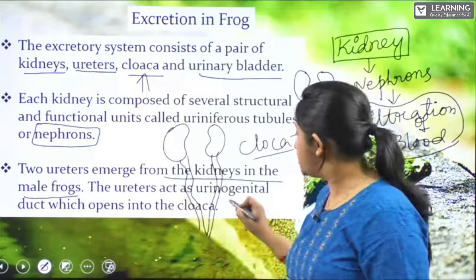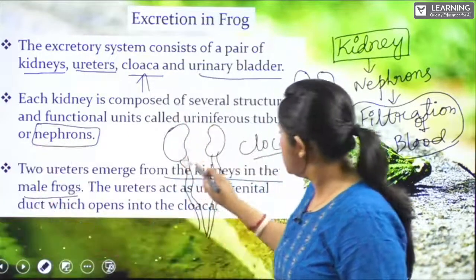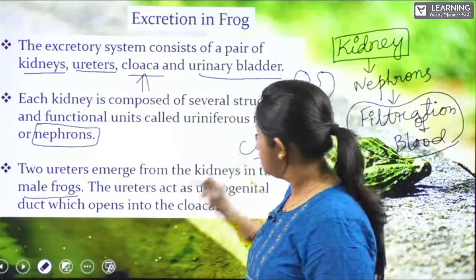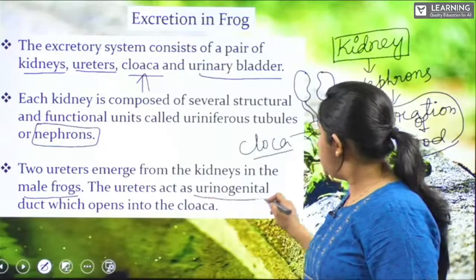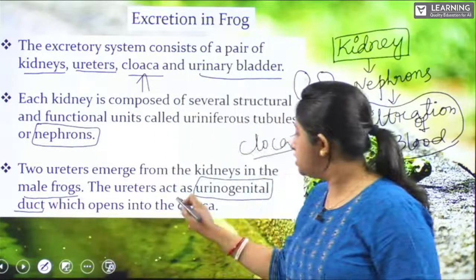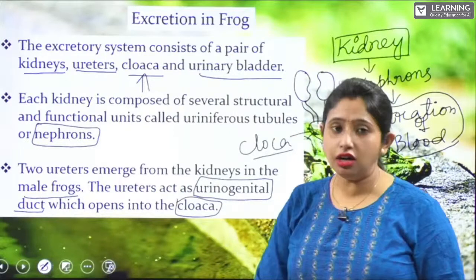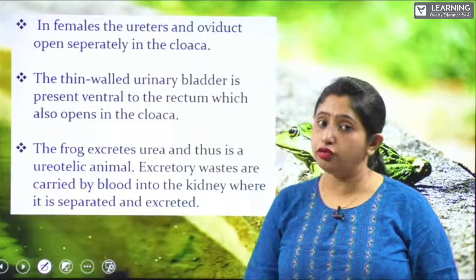The ureter acts as the urinogenital duct, which opens in the cloaca. So this is how excretion takes place in the case of frogs.